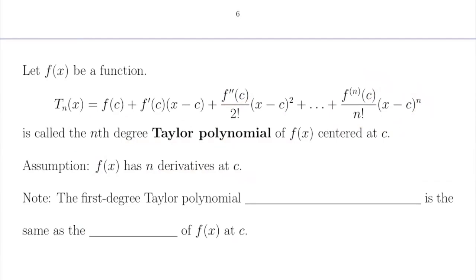So the first derivative exists, the second derivative exists, the third derivative exists, all the way to the nth derivative. For example, if you want a Taylor polynomial of degree 10, you want all the derivatives up to the 10th derivative to exist at c. That's the idea behind a Taylor polynomial.